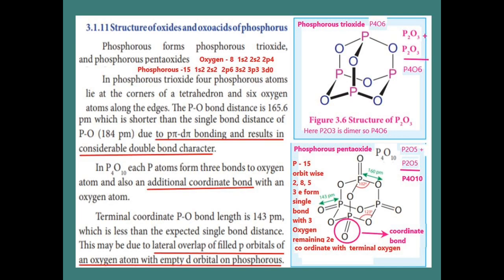That is, one atom is donating its electrons to another atom. One is donor, another acceptor, and that bond is called a coordinate bond. So in the terminal oxygen you see there is a double bond, which is a coordinate bond. The double bond character here arises because of lateral overlap of the filled p orbital of the oxygen atom and the empty d orbital on phosphorus. Now you get an idea about this structure.